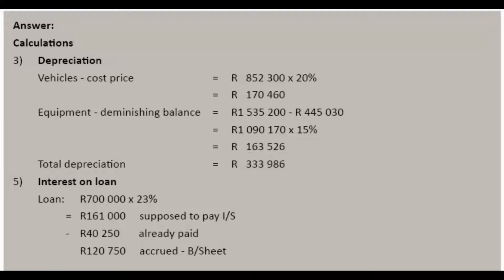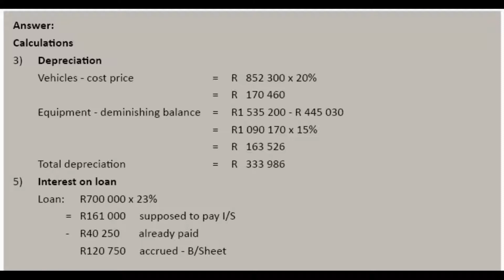Then we calculate 15% on that amount, and that gives you an amount of 163,526. You debit depreciation and credit accumulated depreciation on equipment. If you add the two amounts in your depreciation account, you get 333,986. That was your depreciation for the year.